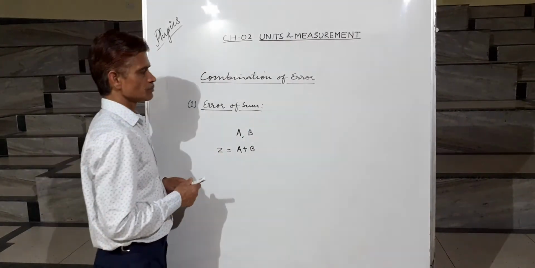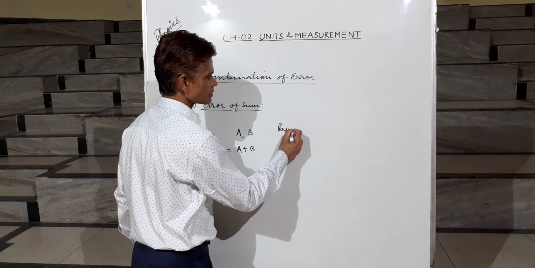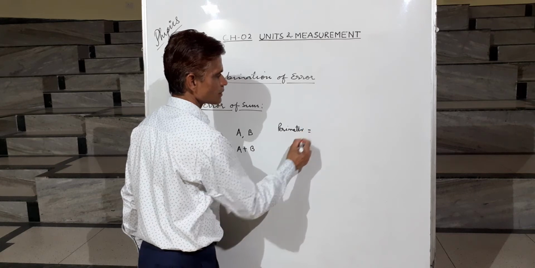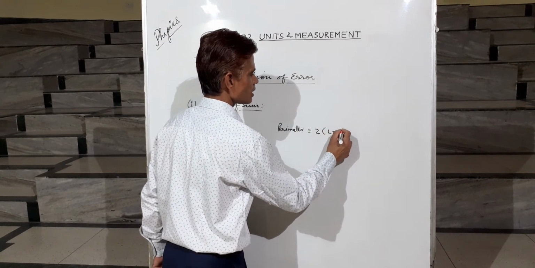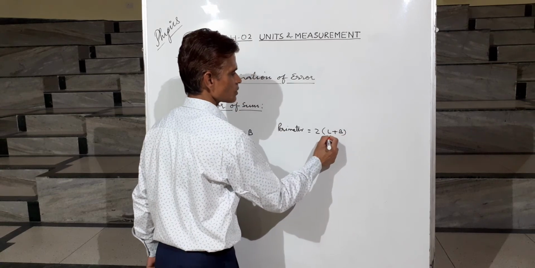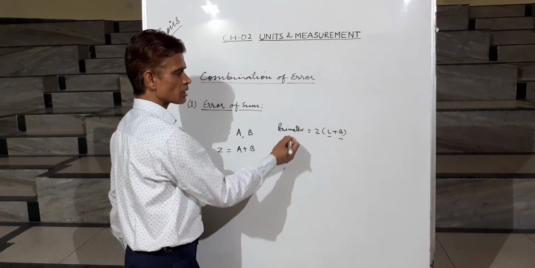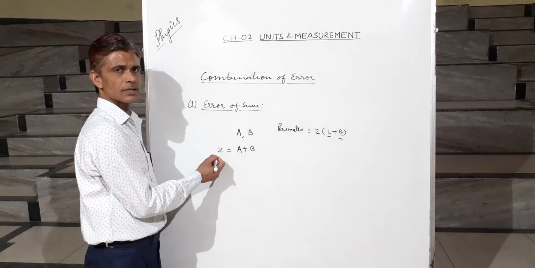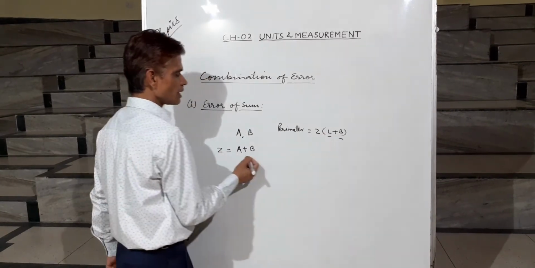For example, the perimeter of a rectangle is written as 2 times the sum of length and breadth. So we are measuring length and breadth like A and B. Perimeter is again a quantity that we are measuring not directly but in terms of length and breadth.